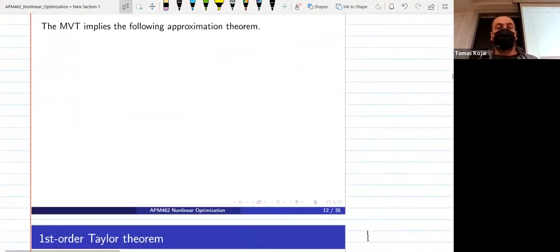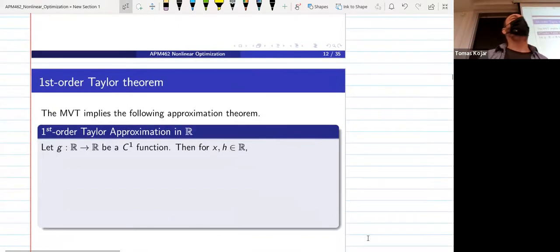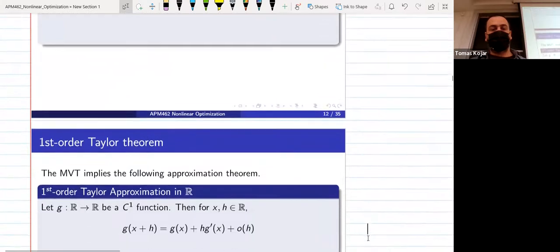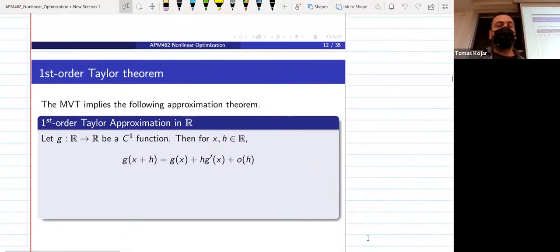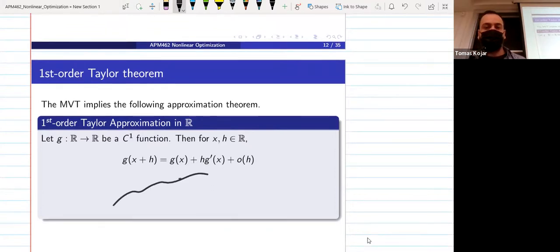So let's review Taylor's theorem, Taylor approximation. Again, you want your function to be continuously differentiable, C1. And then you have the following formula. Suppose this is your function g, and you have g of x plus h, and this is g of x.